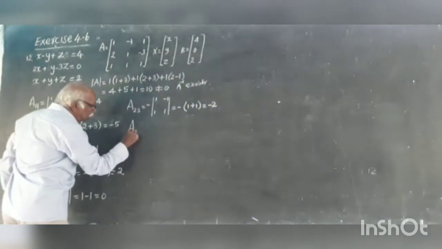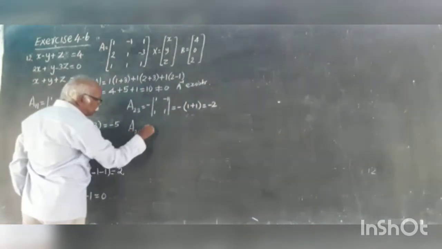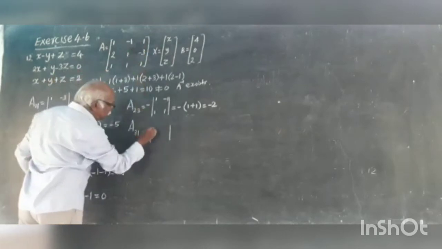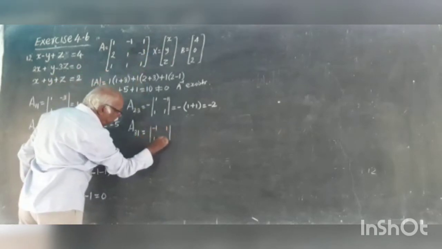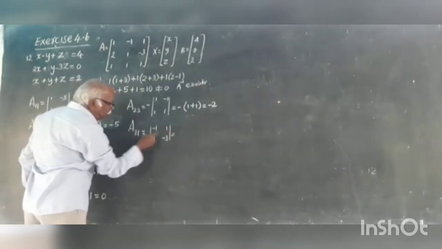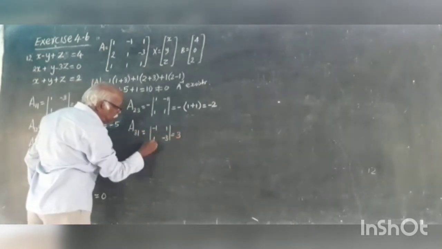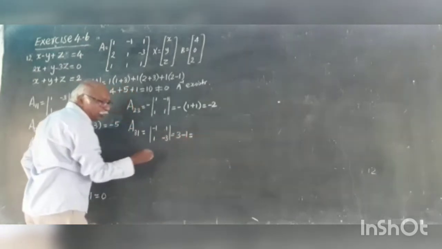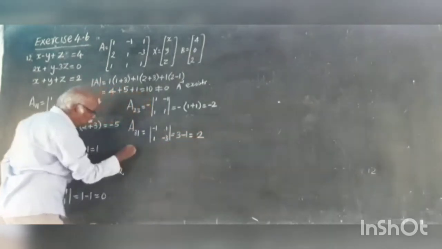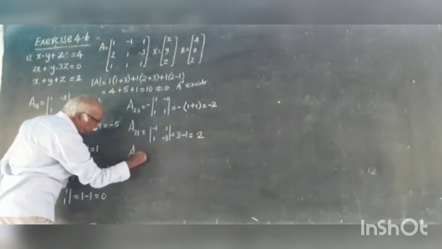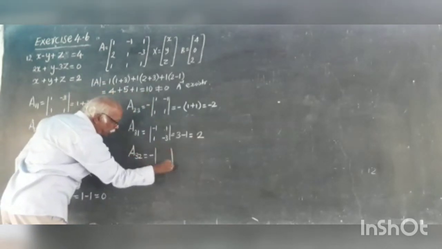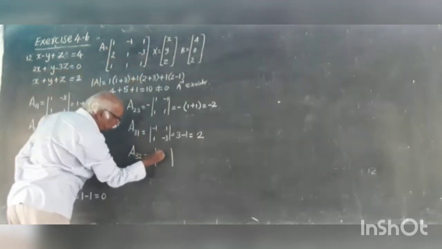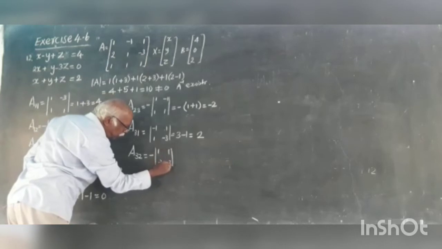Then A31: minus 1 1, 1 minus 3. Expand: minus 1 into minus 3, plus 3, 1 minus 1, equal to 2. Find A32. A32 is minus because of what? A32: 1 1, 2 minus 3.